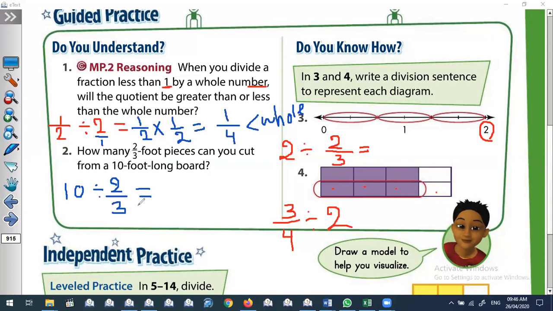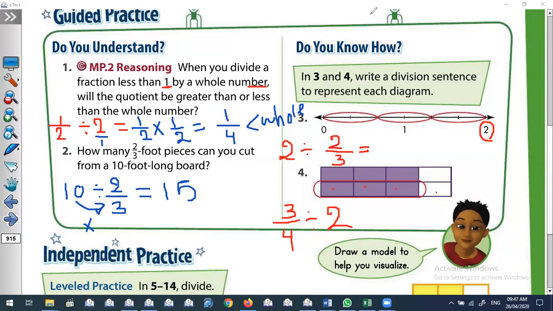Drop, change, flip. So it will be 10 times 3 over 2. If you need to make it a shortcut: 10 times 3 is 30, 30 over 2 is 15. Here we can use it like that: half divided by 2 over 1 will be half times 1 over 2, half times half.